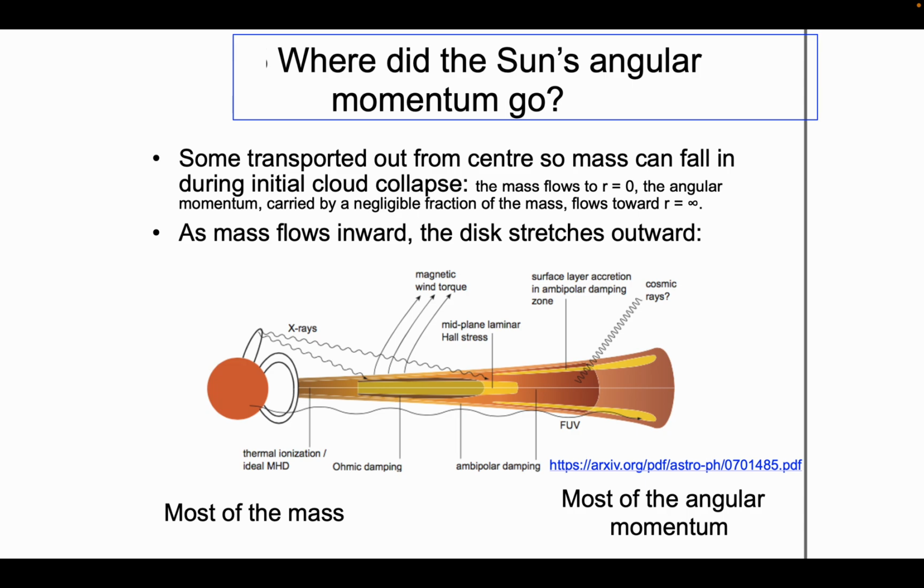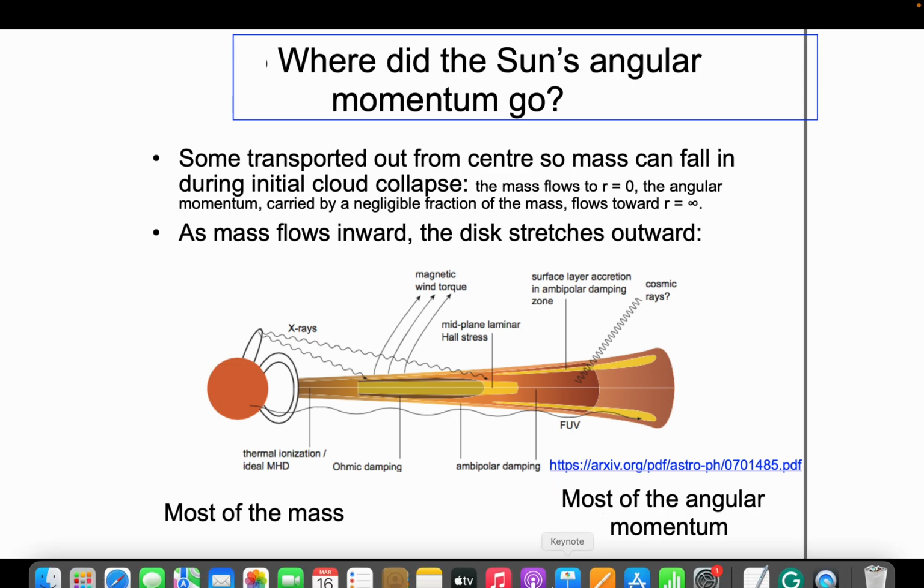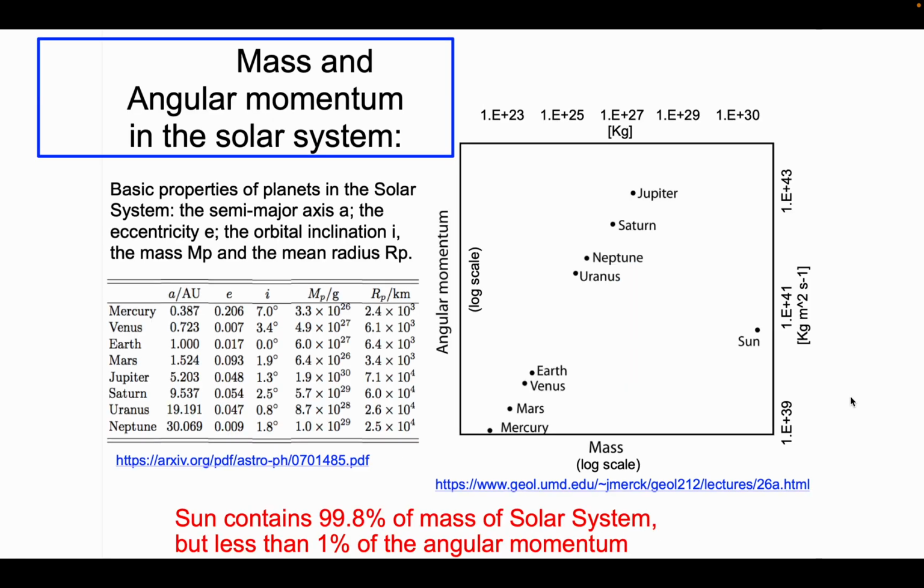Most of the angular momentum distribution is like this. The Sun has the highest mass but lower angular momentum than the most massive planet, and this planet has the greater angular momentum.